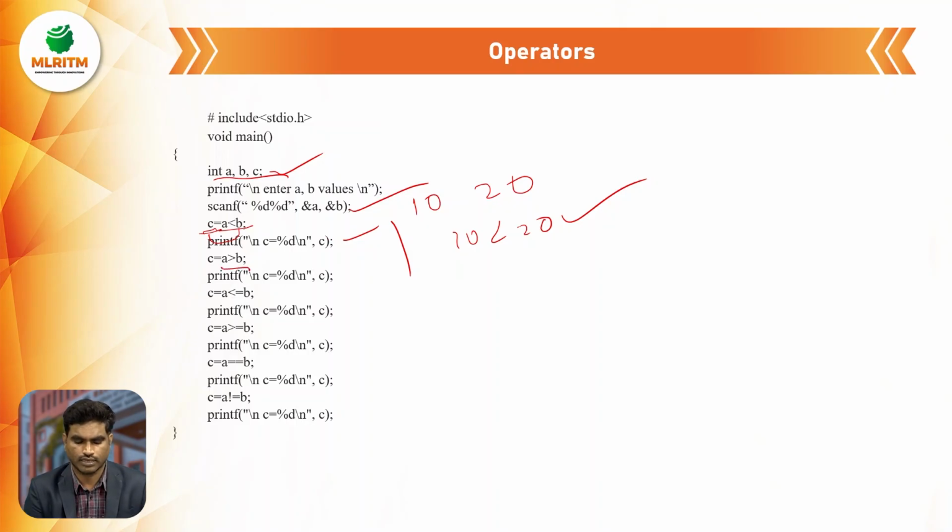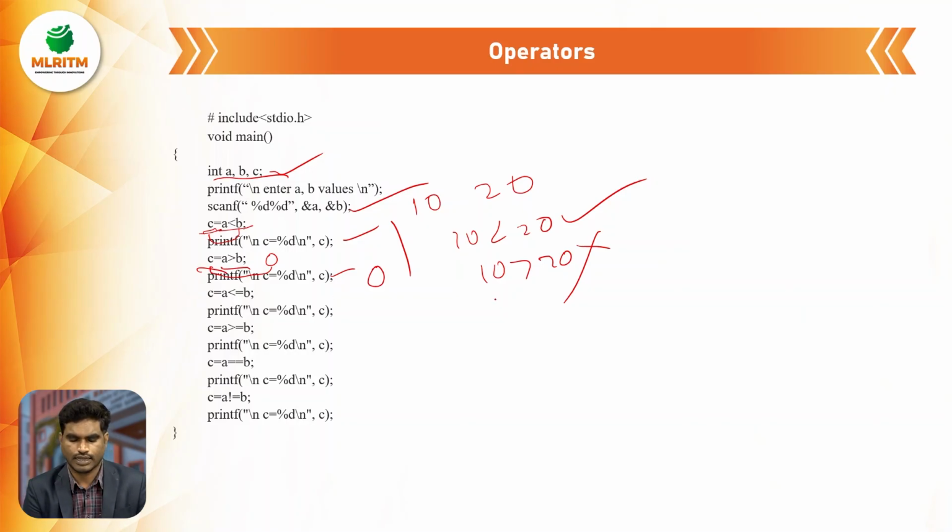Here we are checking one more relation, 10 greater than 20. This condition is false, and when false, the value is 0. That value is stored in c, then we print the c value. Now the c value is 0.